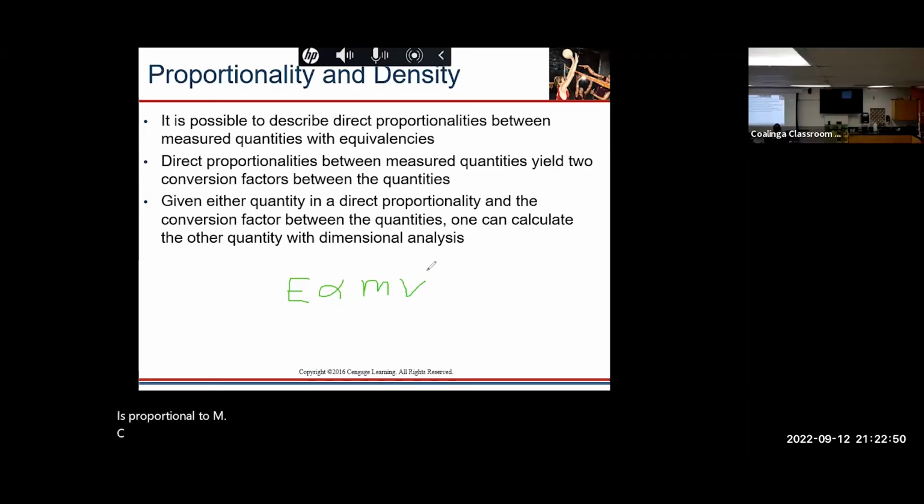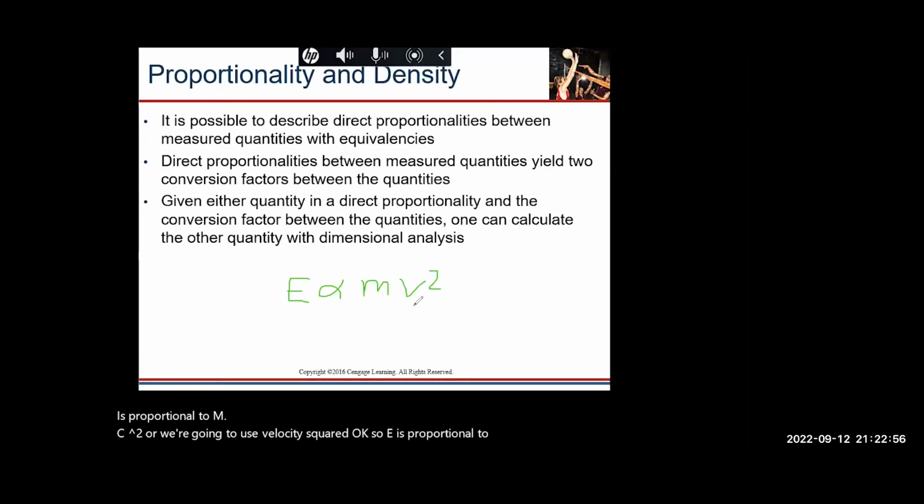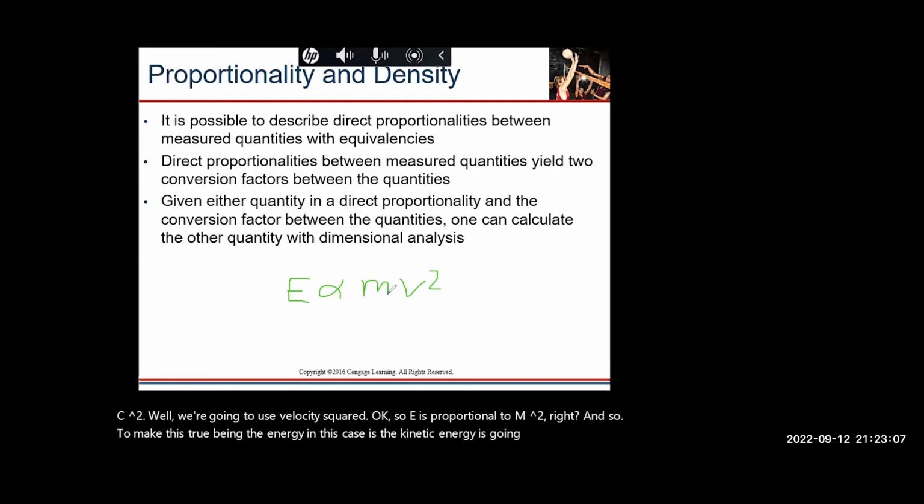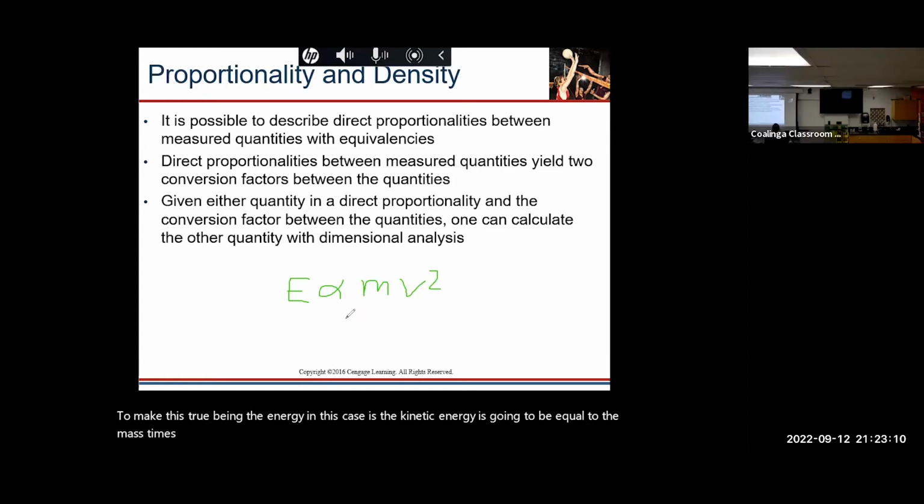We're going to use velocity squared. To make this true, meaning the energy, in this case the kinetic energy, is going to be equal to the mass times the velocity squared, we have to have a constant. So it's E equals 1/2 mv squared.